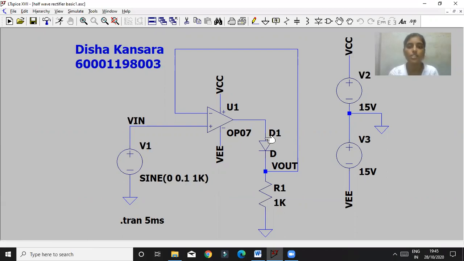I used the precision diode here at the output side, and for the voltage source, I gave plus and minus 15 volts. So let's see the output.